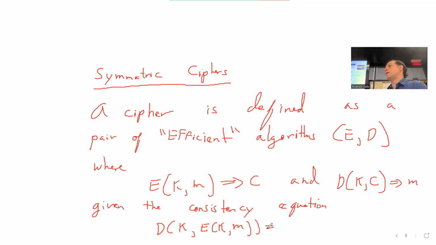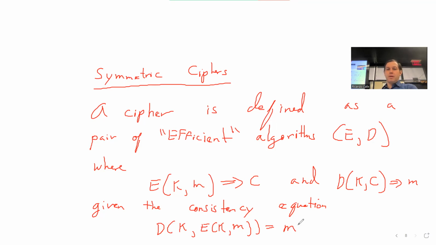equals what? How do you complete this consistency equation? Equals M. Very good. Exactly, it should work. If it meets that, you're good. Obviously, if it doesn't, you're not going to be encrypting.